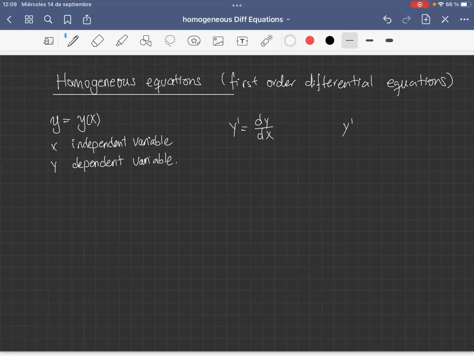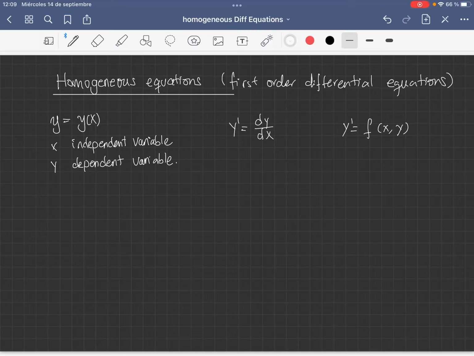y prime equals a function f of x and y. So this is any kind of first order differential equation in principle.